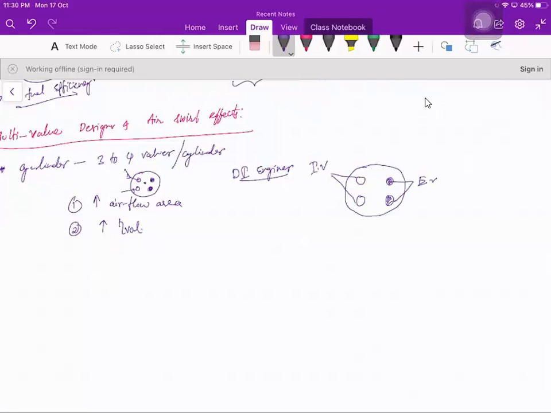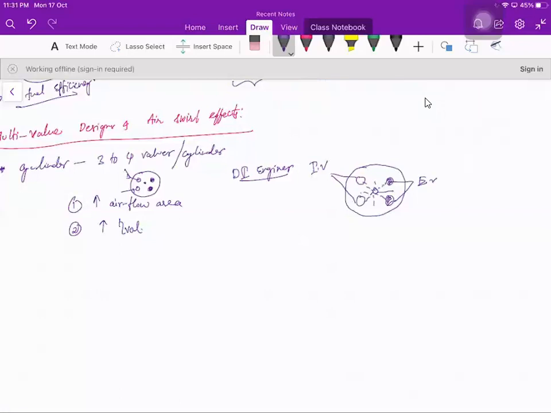And the injector is placed in the center and vertically. What is the advantage of placing the injector central and vertical? It always gives equal distribution of fuel inside the combustion chamber. Once it distributes equally, there is also availability of air to each spray for mixing. That's the advantage of this kind of design.